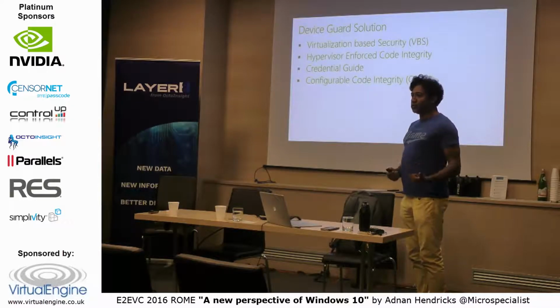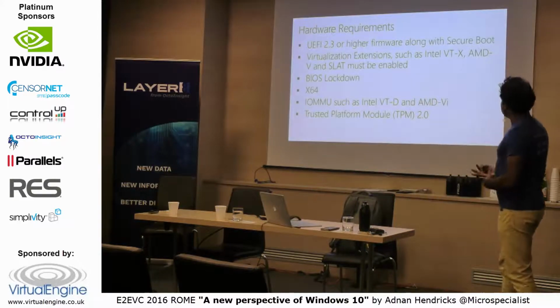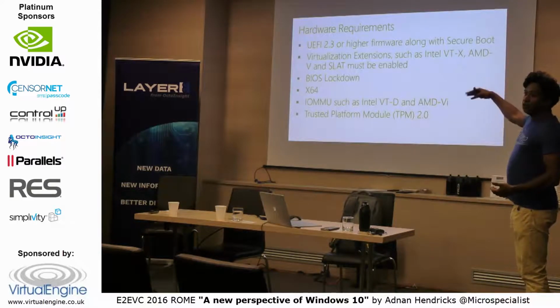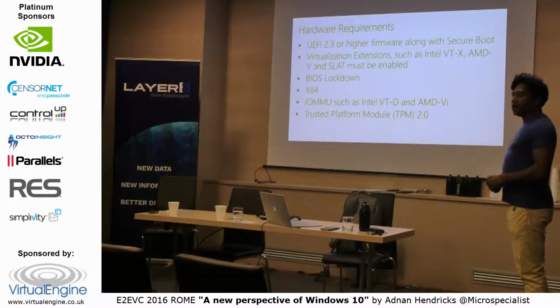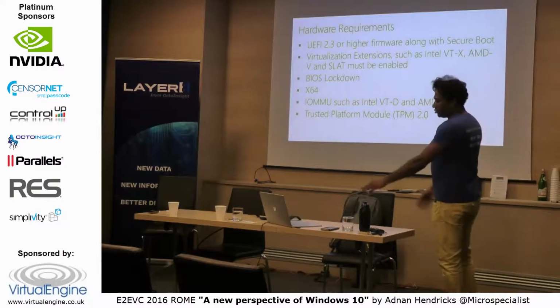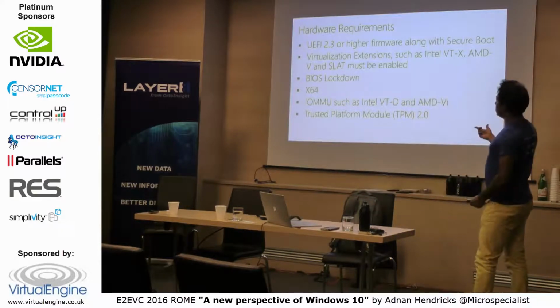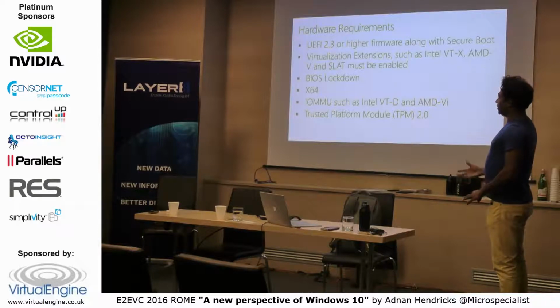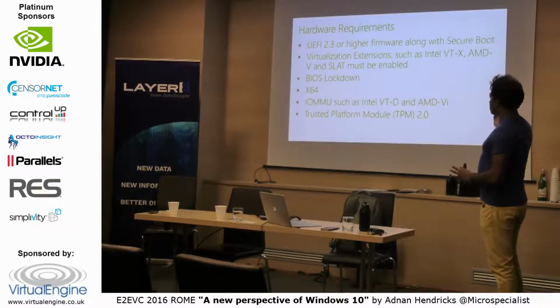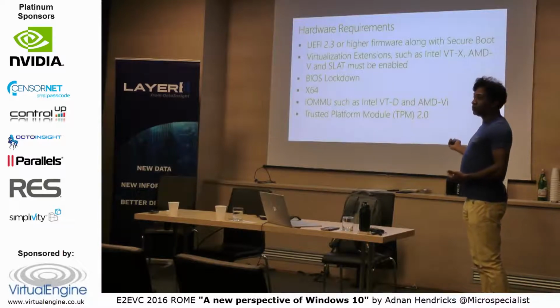But to enable Device Guard, all you need is UEFI, BIOS, the normal stuff you require to have a hypervisor on your desktop. Most modern laptops and computers have them already. VT-x, EPT, SLAT, an x64 processor, some memory, and a TPM, even 1.2 should do it.